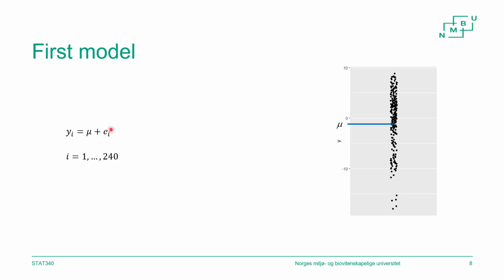And remember, this one is just a normal distribution with zero expectancy and some standard deviation. So the variation around this mu should be normal distributed. If you project all the points onto the y-axis and draw a histogram, can you imagine a lying histogram here? Then it should look like a normal distribution, right?